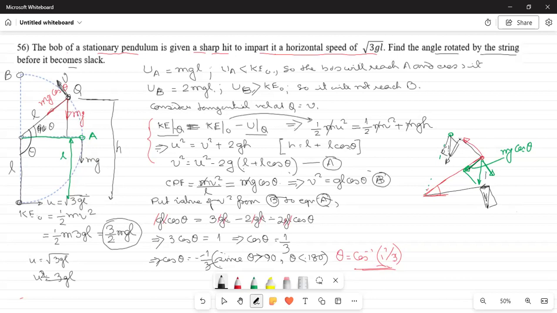So mg cos theta will become more than the centripetal force required. If the centripetal force required is, say, 10 Newton, but the force which is coming is 12 Newton, then definitely the string will become slack like this. So this is the solution of the problem. We shall take the next problem after a few minutes.